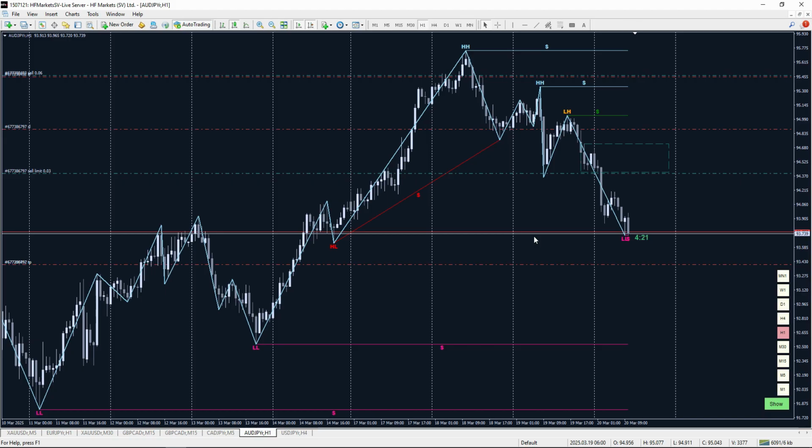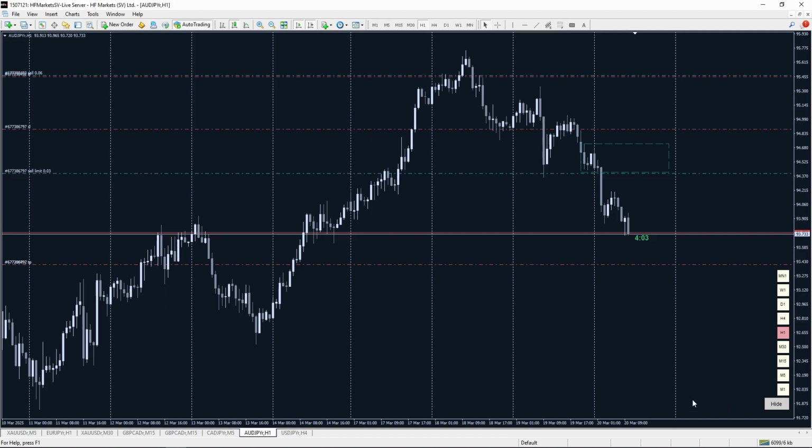This is pretty cool. I always try to design the tool based on my own trading experience, and I think that also helps others improve their trading journey. And don't trade blindly, guys. Always don't trade blindly.